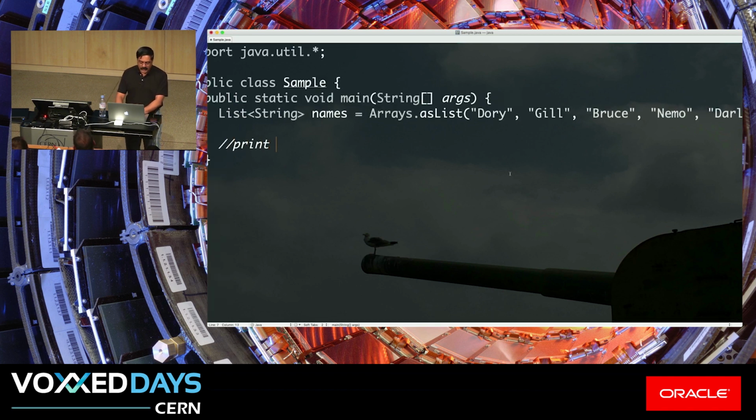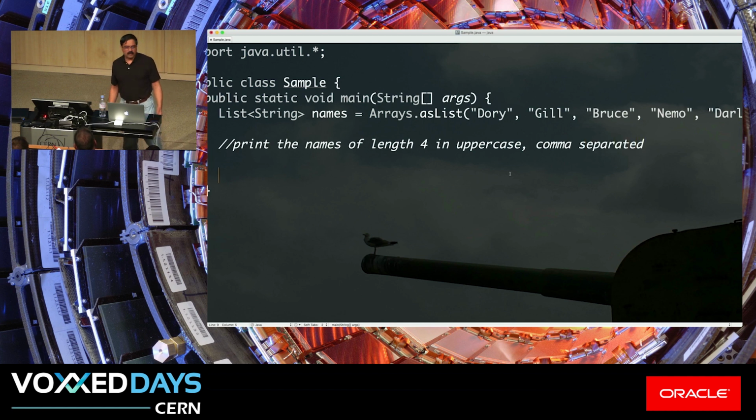Let's say print the names of length, let's say 4, in uppercase, and then of course comma separated. So that's a very simple problem, isn't it? And it's not rocket science, it's not nuclear research, obviously. So a simple problem should have a simple solution, and a complex problem should have an affordable solution. How do you really write code for this?